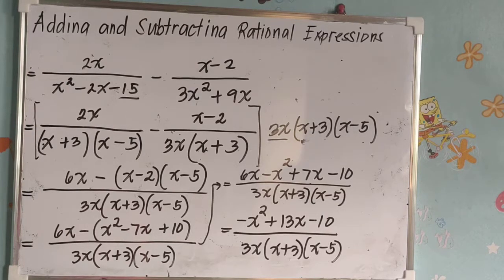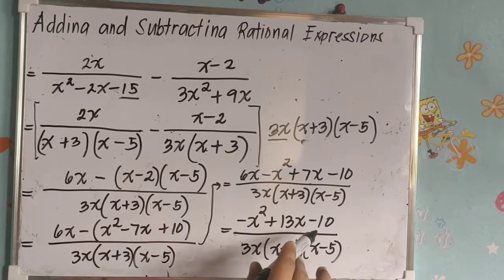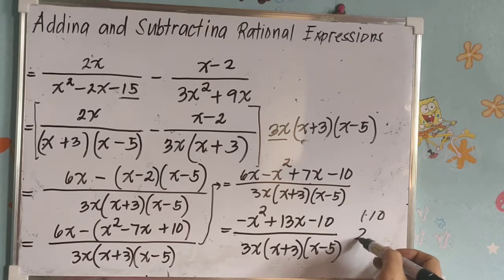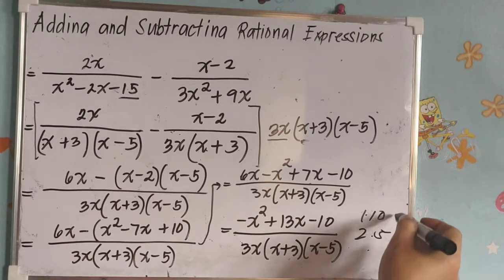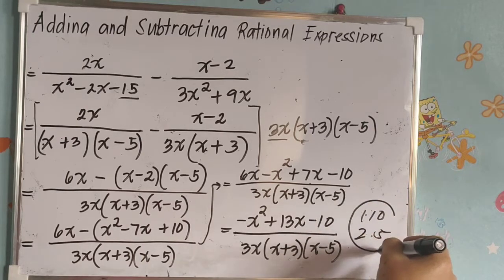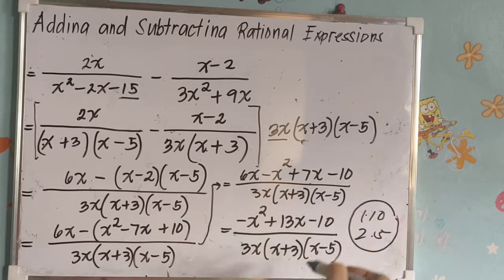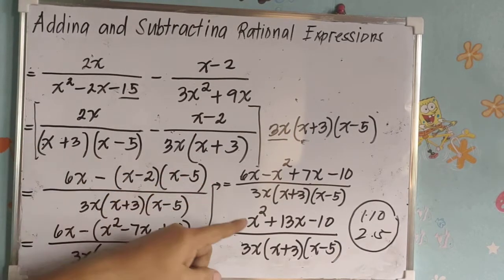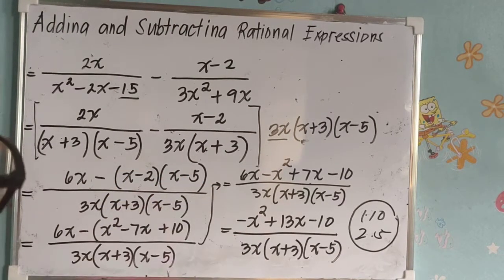Okay? So there are no possible factors of 10 that when added is 13. We have 1 times 10 and we have 2 times 5. So in no case will the two possible factors add up to 13x. Therefore, this is no longer factorable.